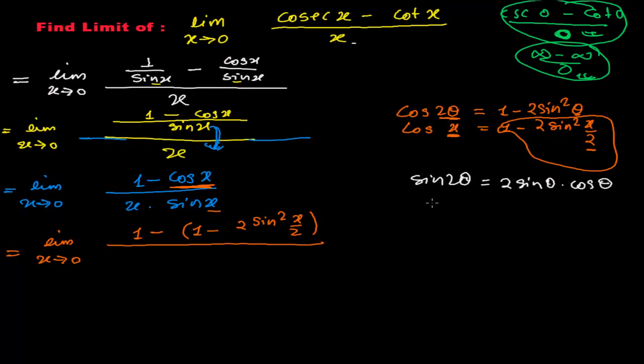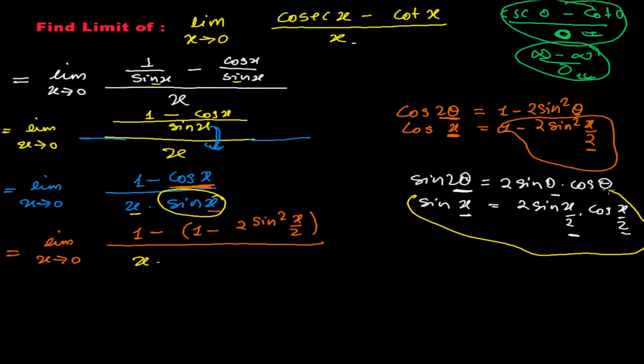So if there is sin x, then we can easily write 2 sin x by 2 times cos x by 2, because when there is 2 theta, there is theta, so when there is x, there should be x by 2. So my x is as it is, and in the place of this sin x I'm going to use this value, 2 sin x by 2 times cos x by 2. So let's go further.